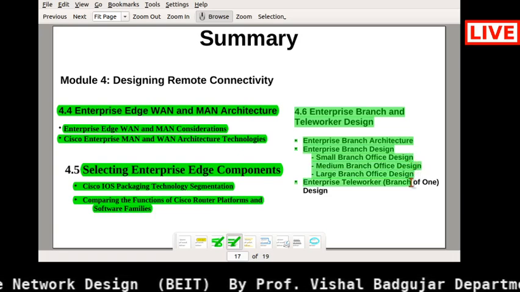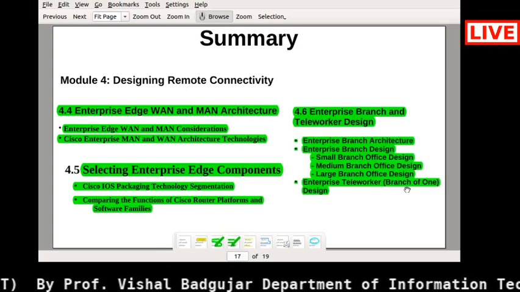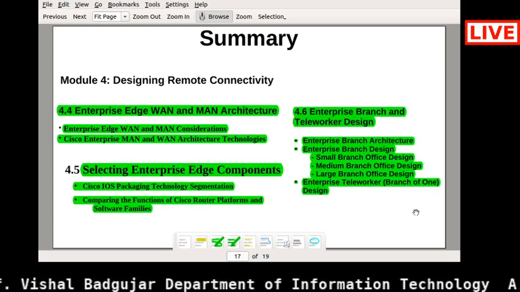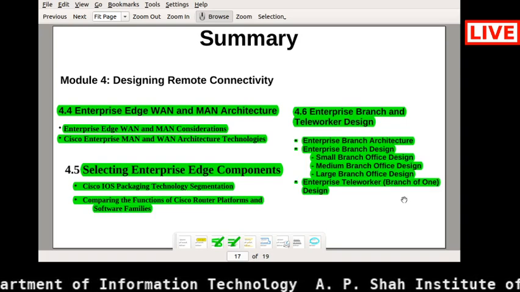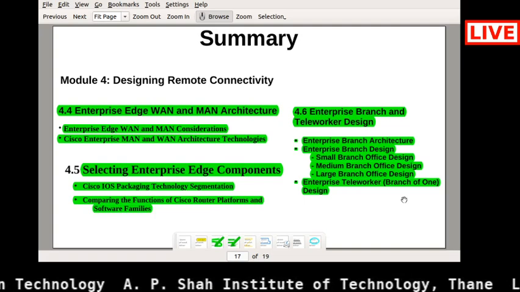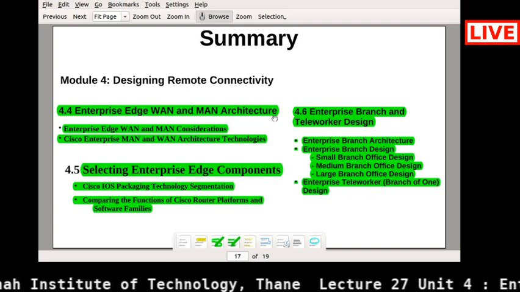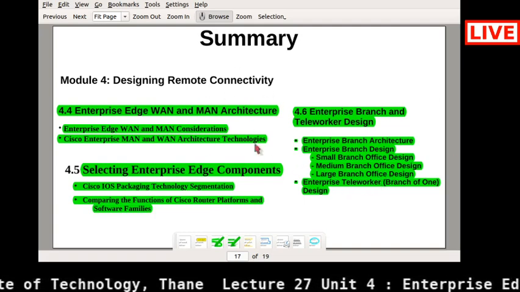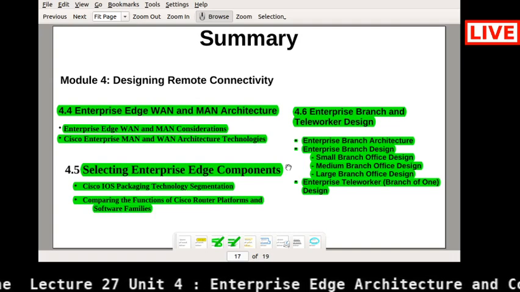And lastly, we have also discussed how this particular teleworker design, branch of one, can take place, and how you are going to access your network resources from your enterprise, from your home, as a work-from-home structure. So this is all about the designing remote connectivity chapter. We have completed module number 4.